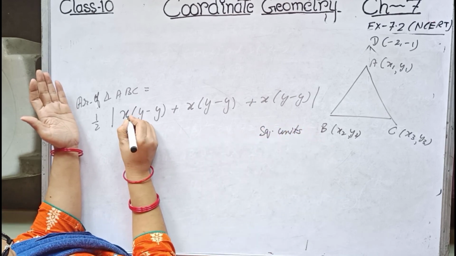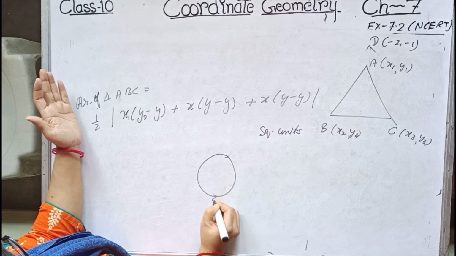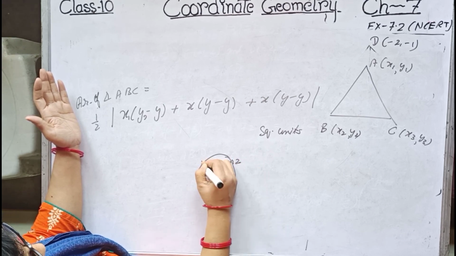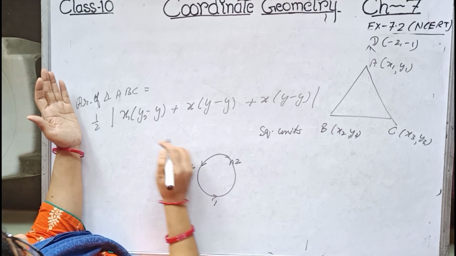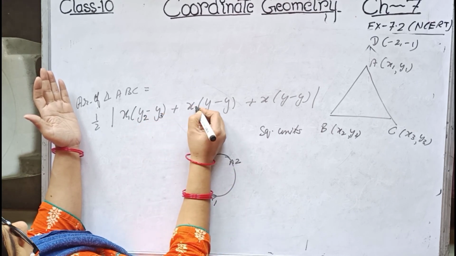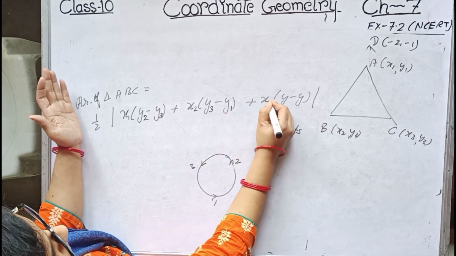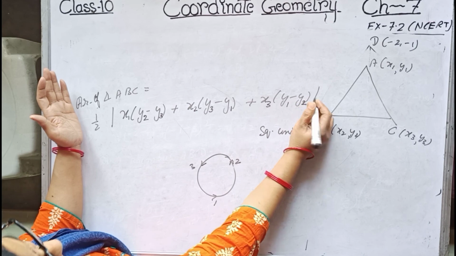Now over here, remember this circle: 1, 2 and 3, anti-clockwise 1 2 3. So 1 2 3, then start from 2: 2 3 1, then start from 3: 3 1 2.